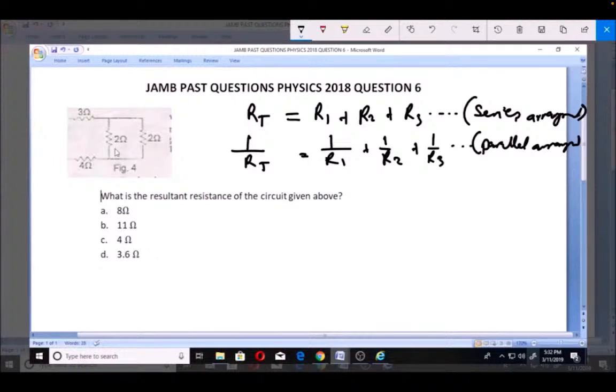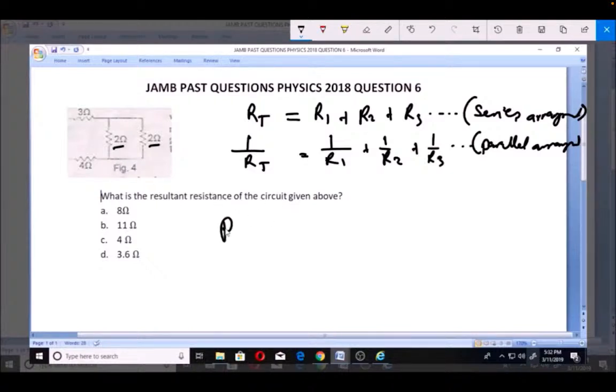We can add them up together so that we will now have a direct value. So let's do it. Because this very figure shows 2 ohm resistors which are in parallel, but they are now combining in series with these 3 ohm and 4 ohm. So therefore, the total resistance will be given as shown.